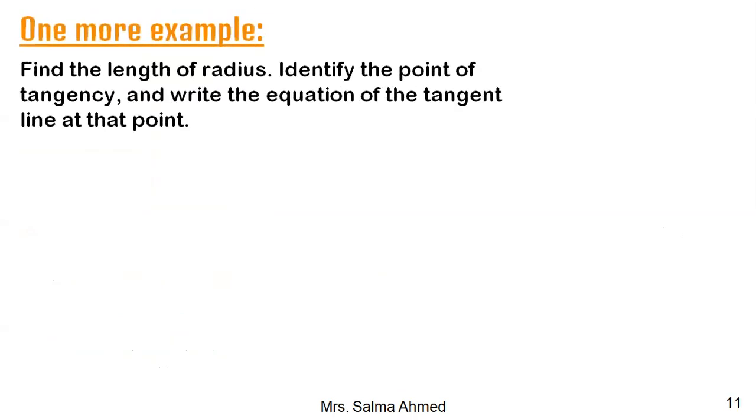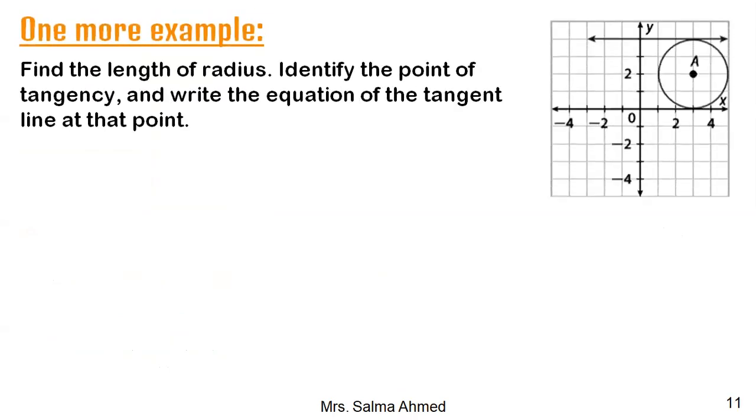One more example. Find the length of the radius, identify the point of tangency, and write the equation of the tangent line at that point. So here we have the circle on the coordinate plane, and this is the center. I need to find the radius, so I can count the squares. The radius is 2 units.